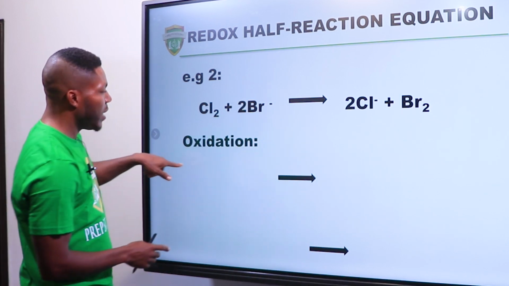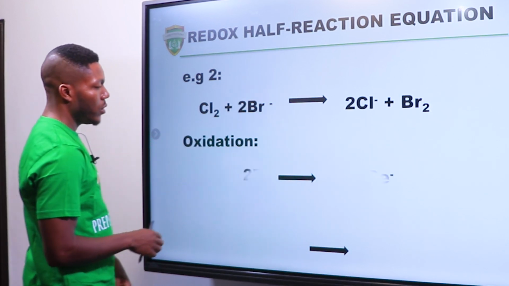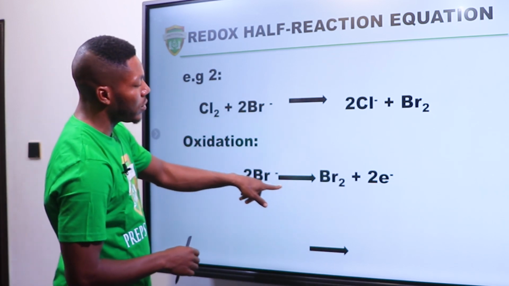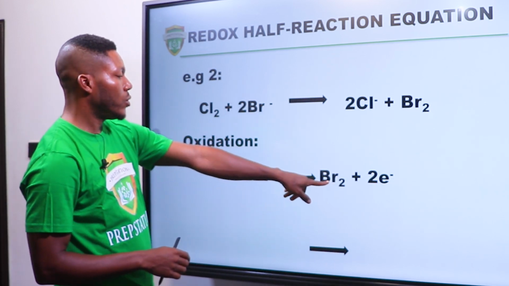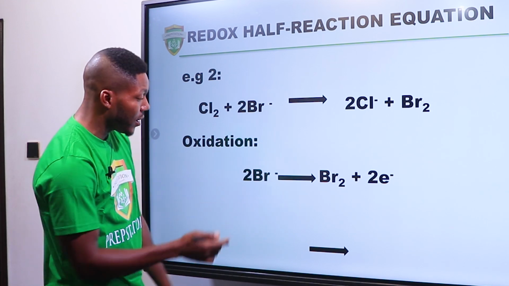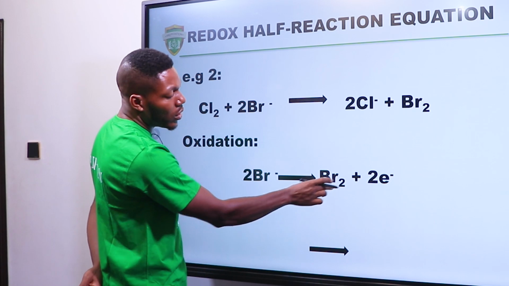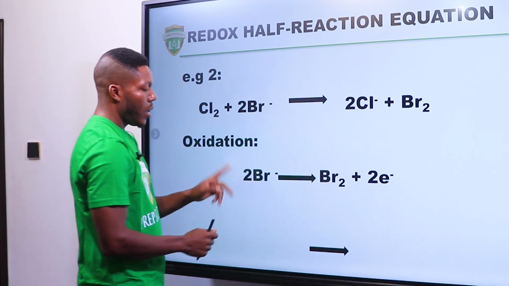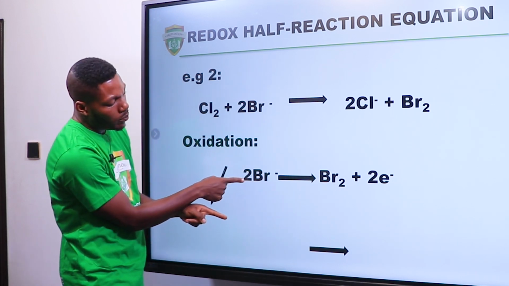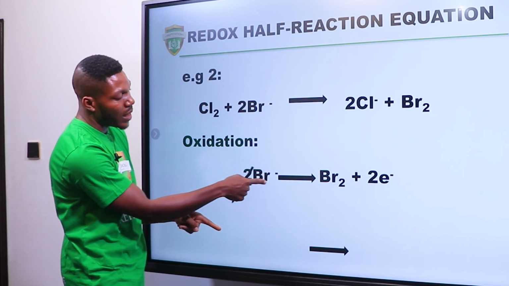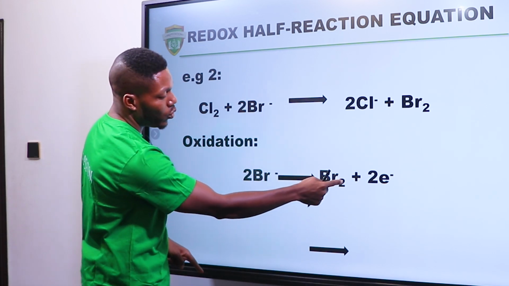First, oxidation. We have 2Br- giving us Br2. To make sure that we have the same number of charges, we have 2e-, because this is 2 atoms of bromine. You need to put 2 moles to correspond, because 2 times 1 equals 2, and 1 times 2 equals 2.